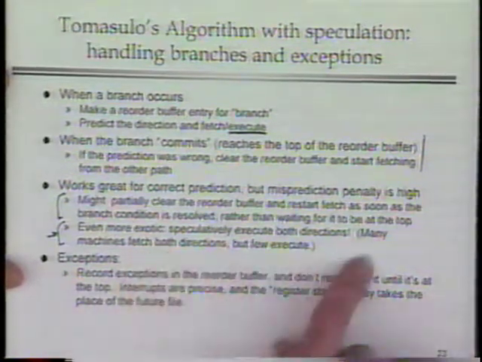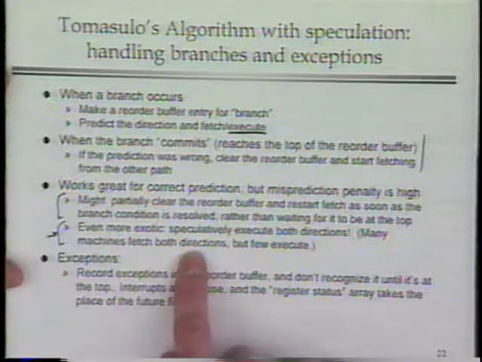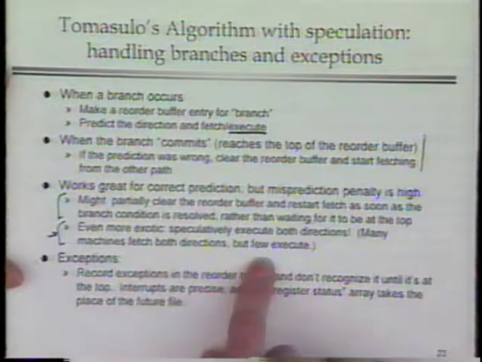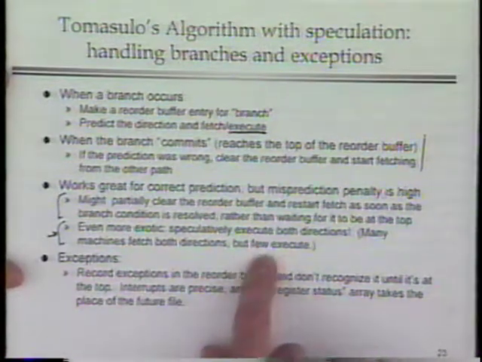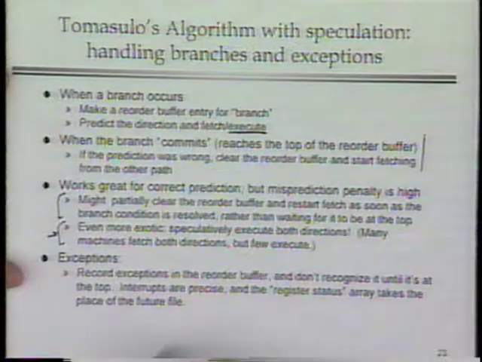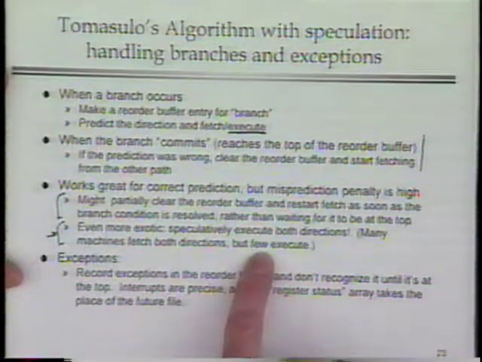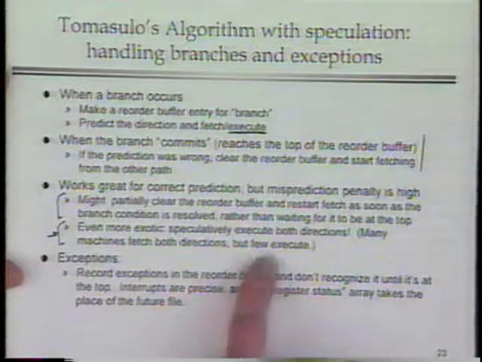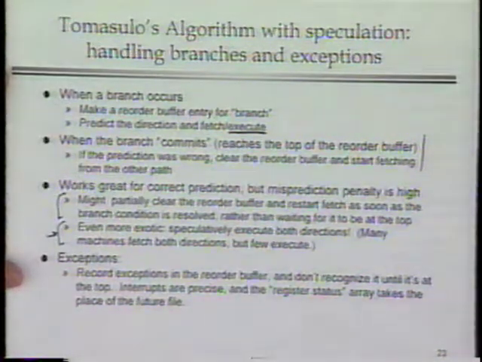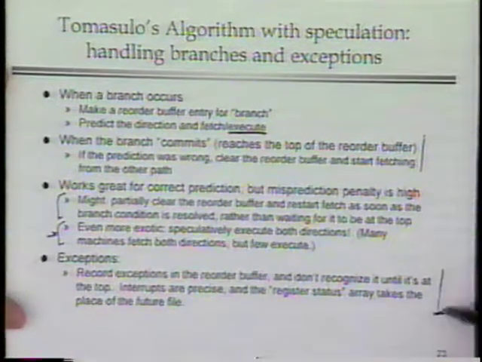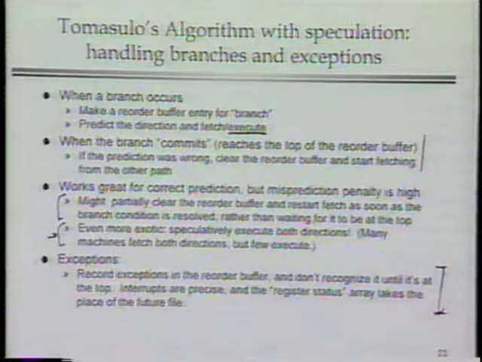Many machines, as far ago as 25 years ago, were fetching in both directions, but it's much more difficult, and you would need multiple reorder buffers to be able to simultaneously execute in both directions and invalidate either one or the other. As I mentioned, this gives us for free, in some sense, precise interrupts, which is great.